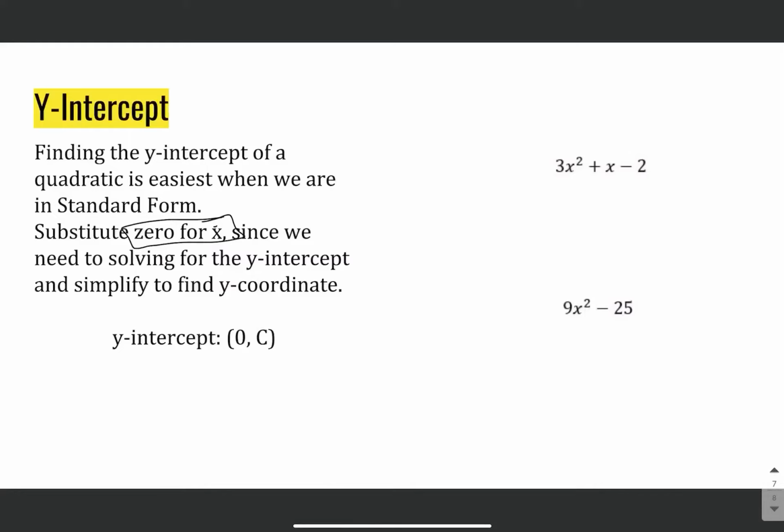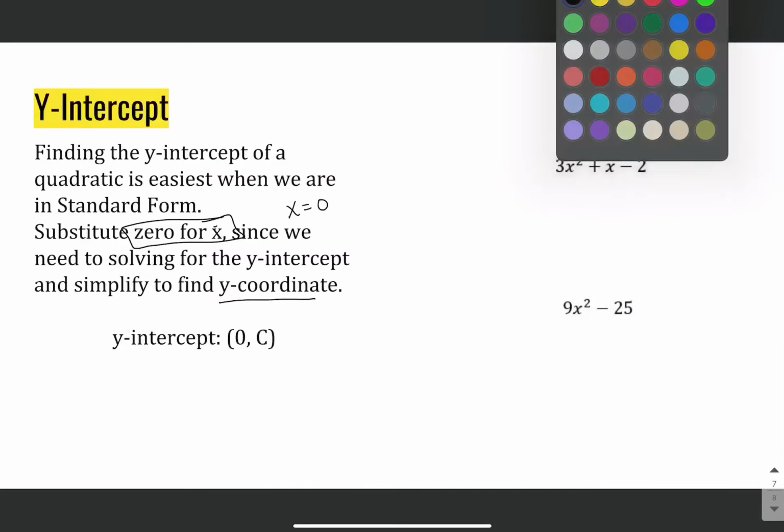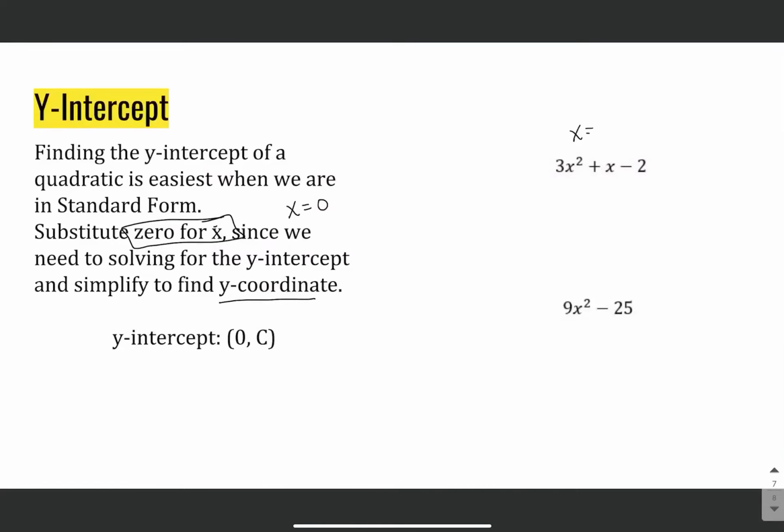So if we know that your x is equal to 0, then we can figure out y. Now for a quadratic, let's see what that does. For example, for my first problem, if I say x is equal to 0, because again I want to solve for y, I would have 3 times 0 squared plus parentheses minus 2.